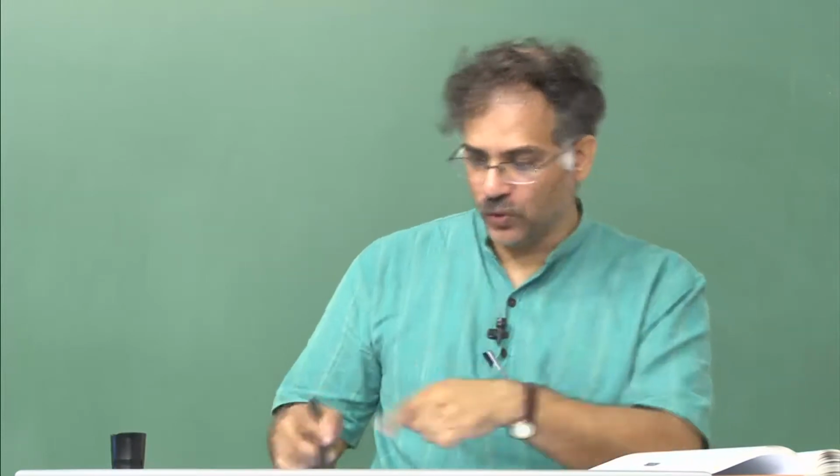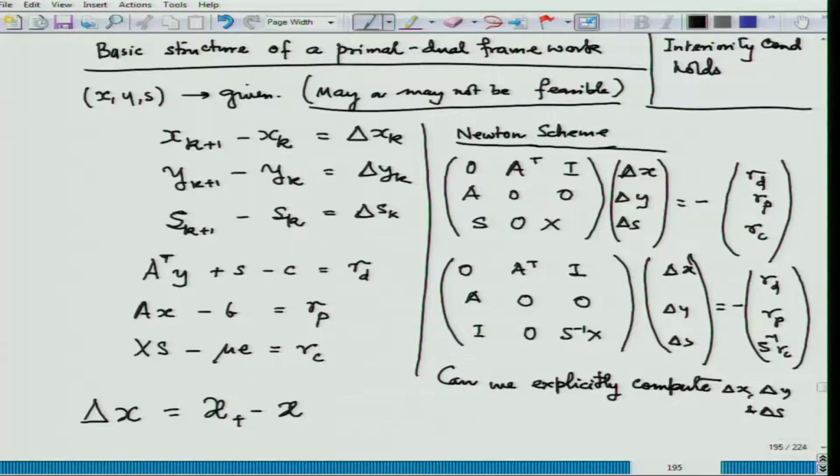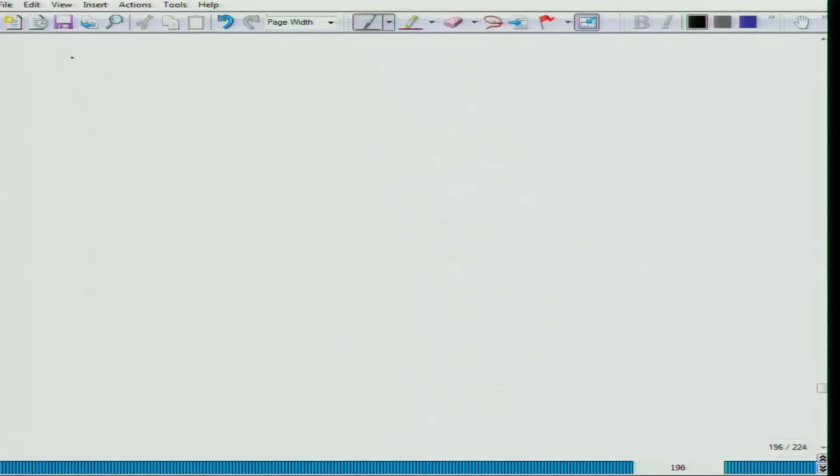Instead of inverting this whole matrix or A or A transpose, we can compute delta x, delta y, delta s by only inverting the diagonal matrices, which are simple.